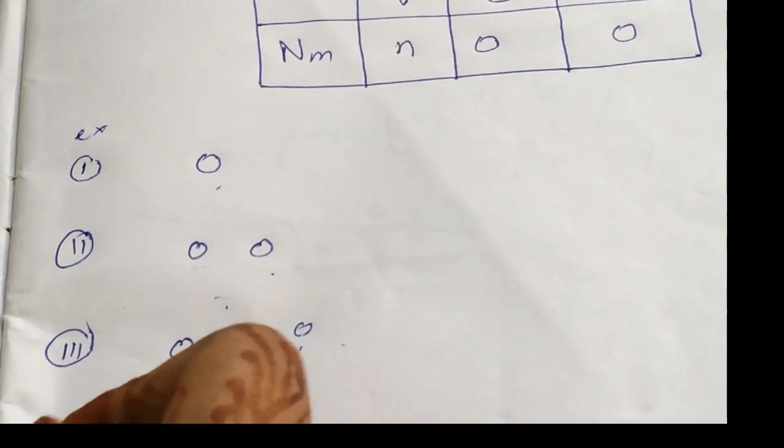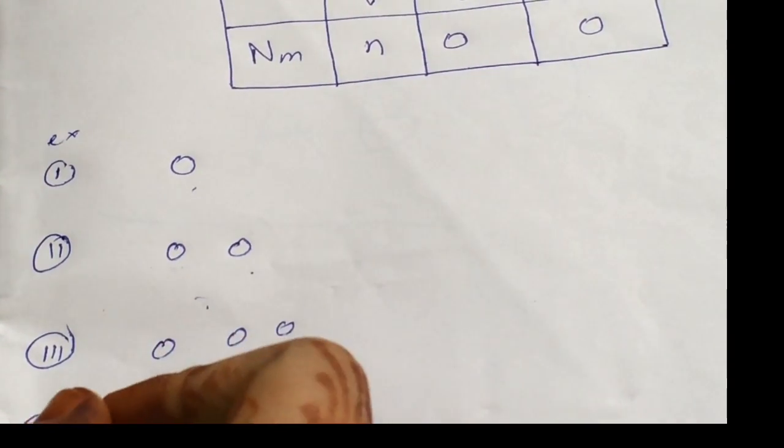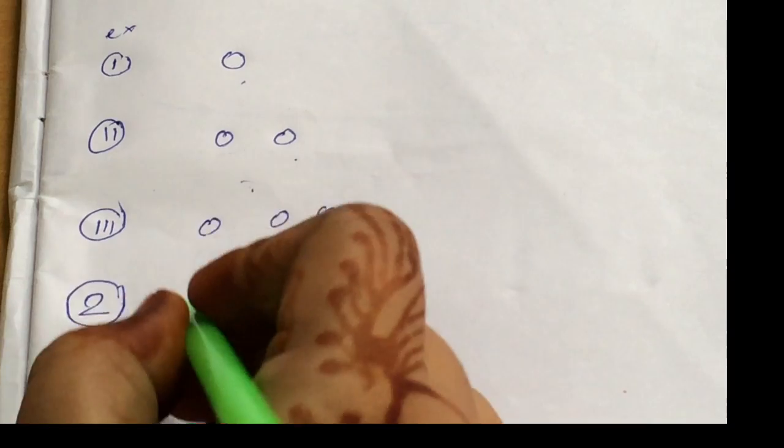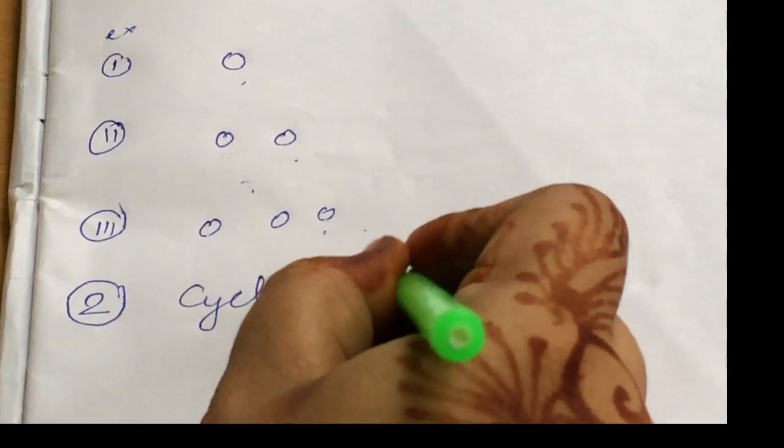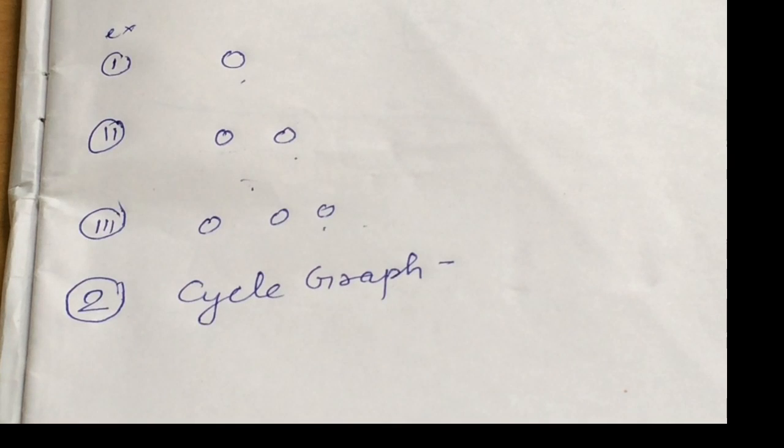Now we'll see another special type of graph which is known as cycle graph. What is cycle graph? Cycle graph is a simple graph with n vertices v1, v2, v3 to vn.